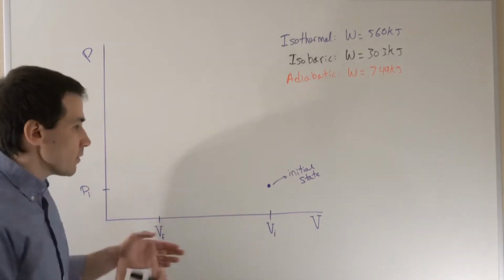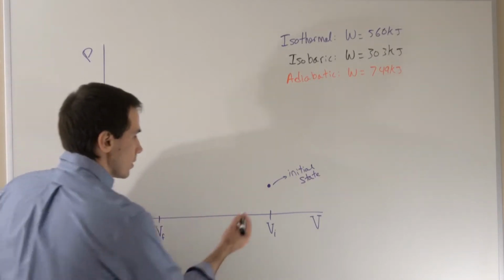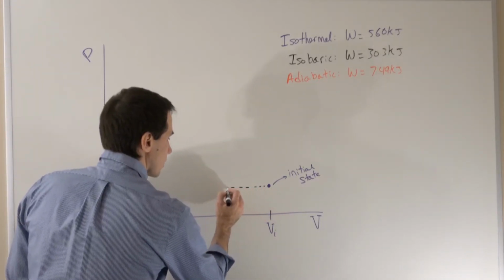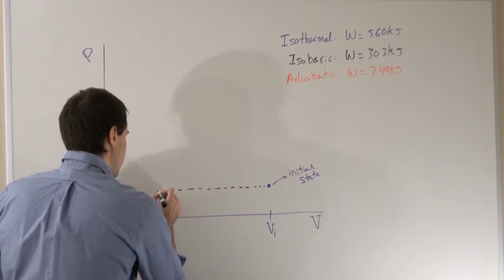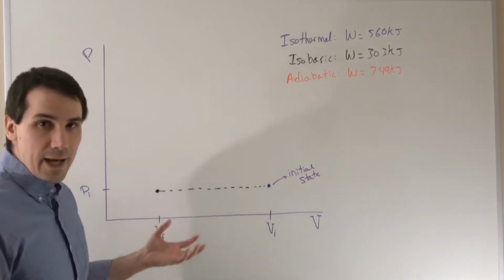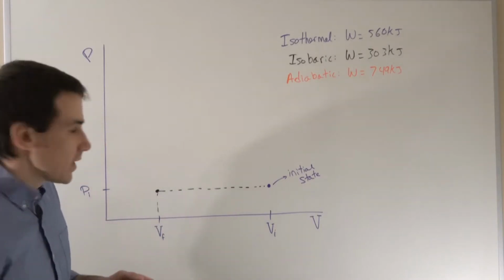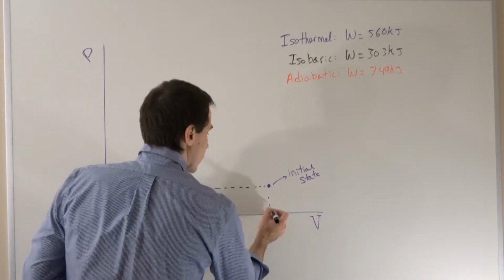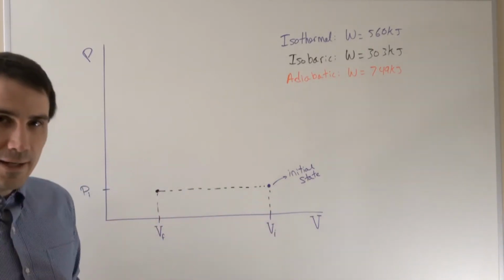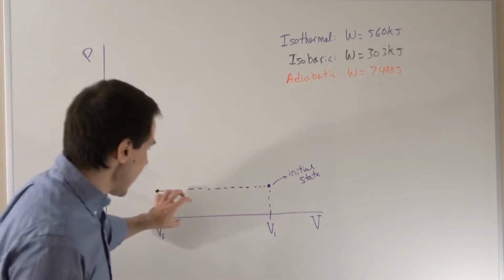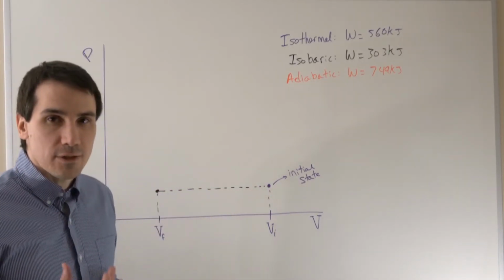Okay, so the first way that we did it with constant pressure means that the pressure does not change as we compress our air. And so the work done is the area under this curve.